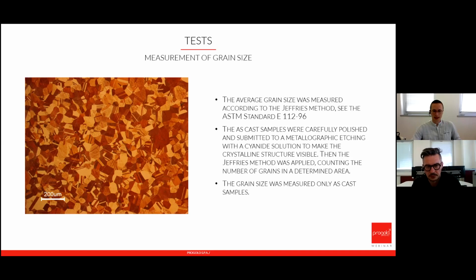it's always a kind of compromise between properties, because some elements will help the alloy with form filling, so you will have less empty parts in, I don't know, complicated items, for example. But you have to take into account that the more elements you put inside your alloy to increase a property that you're looking for, you have to accept that other characteristics of the alloy will be less performant.